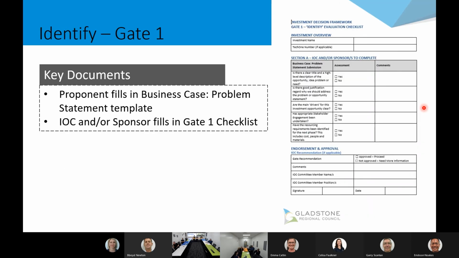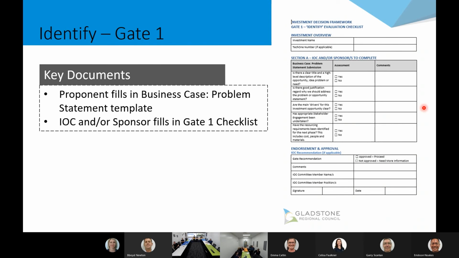Okay, so we then move into identifying, gate 1, and this is where it's all about the problem or opportunity statement. So it's fleshing out what that problem or opportunity is and why we should really be addressing it.